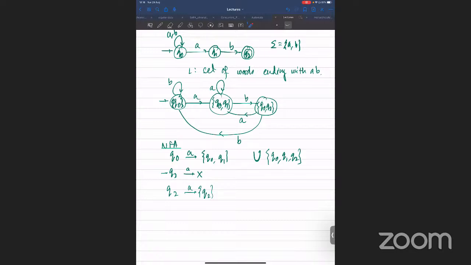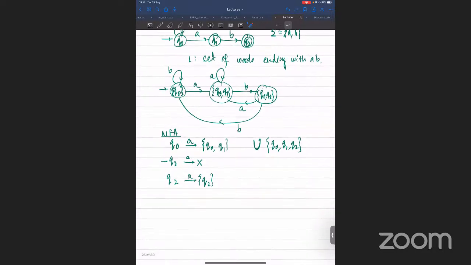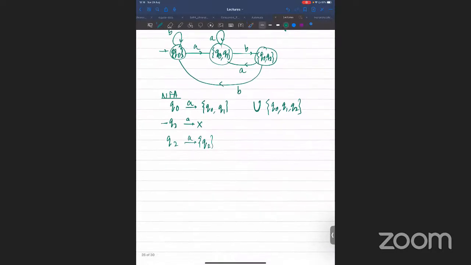Okay. So now we will formally define the DFA. If you are given this NFA A, we are constructing a DFA A prime.